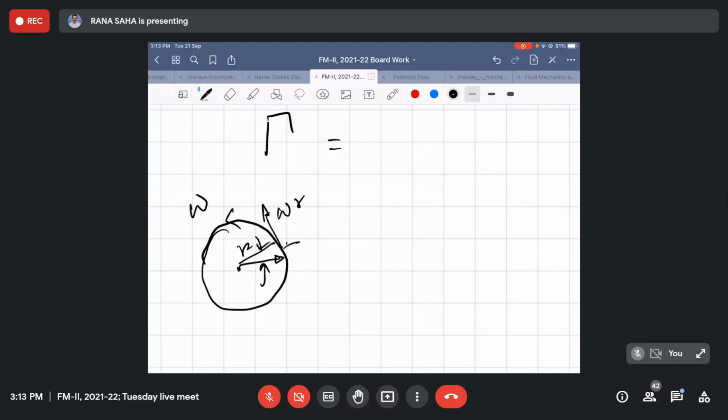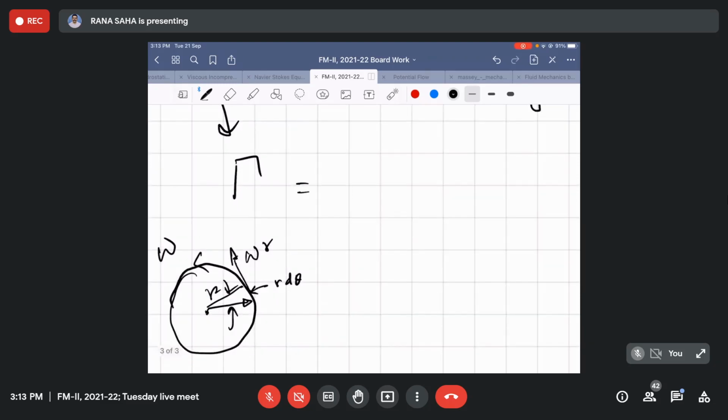So this closed form integral will result in gamma equal to 2 pi omega r square, from which you have again gamma by pi r square is equal to 2 omega, right?